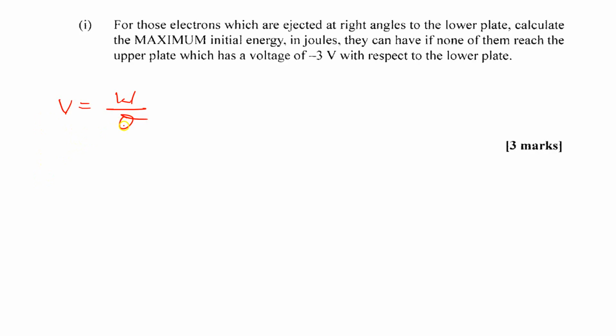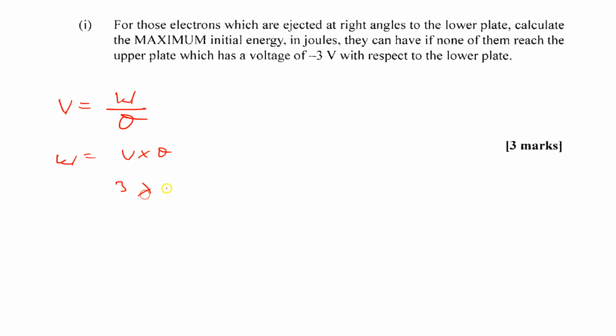We know the charge of an electron is negative 1.6 times 10 to the minus 19. So if we manipulate this, we could find the maximum amount of energy it would require to move the electron from the positive plate to the negative plate. So that's what we're going to do here. We want to find the work. The work is equal to V times Q. So V is 3, right?